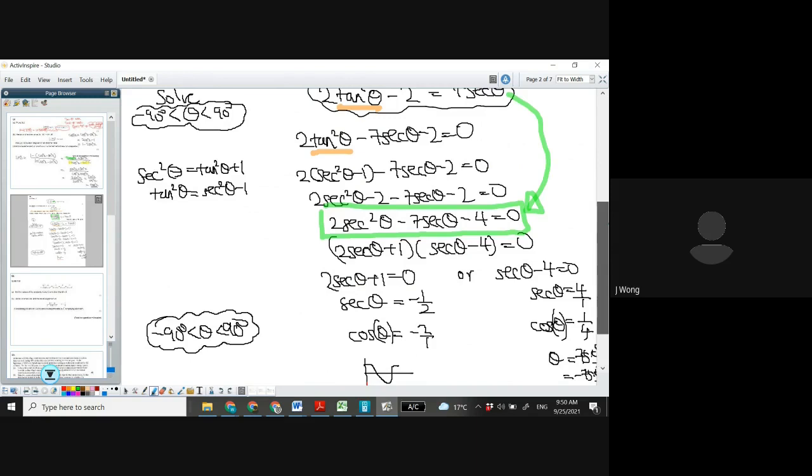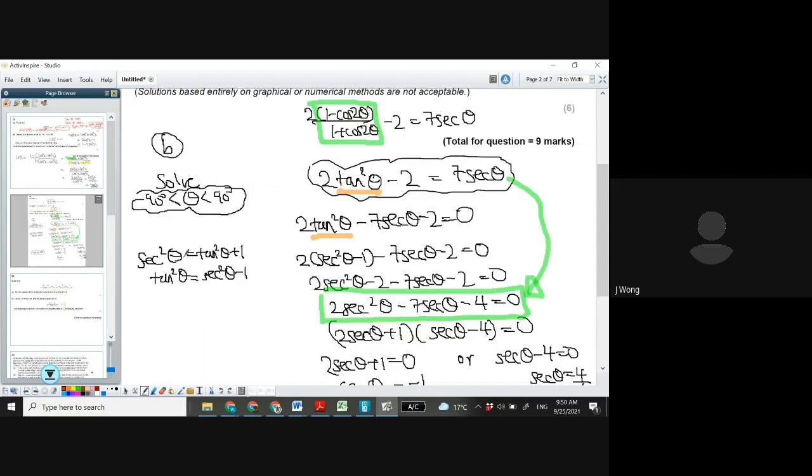Okay, so if you recall what happened last week, in week 2, we got an equation that looks like this or something like that. So here it is already in terms of just one trigonometry ratio, just in terms of cos theta. So that's why there's no need for you to open this up using the compound angle formula. If you have done that, you'll introduce more trigonometry ratios.